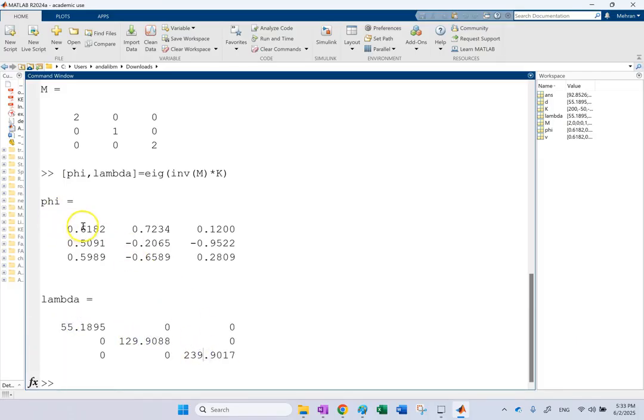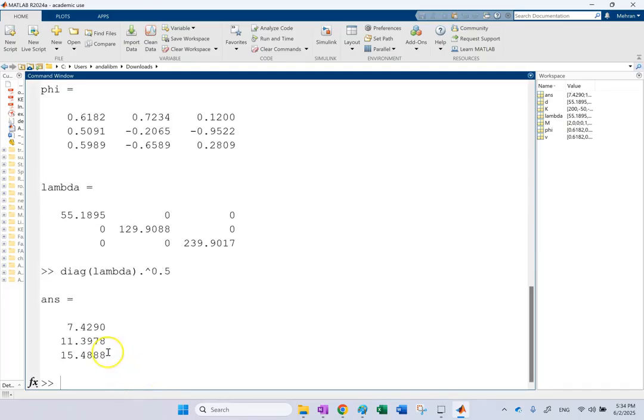And then each one of the columns here is one of your mode shapes. So this first one is for the first frequency, the second column is for the second frequency, the third one is for the third frequency. So first thing I do is I get the diagonal elements of lambda, which are these three numbers, and then I take a square root of them.